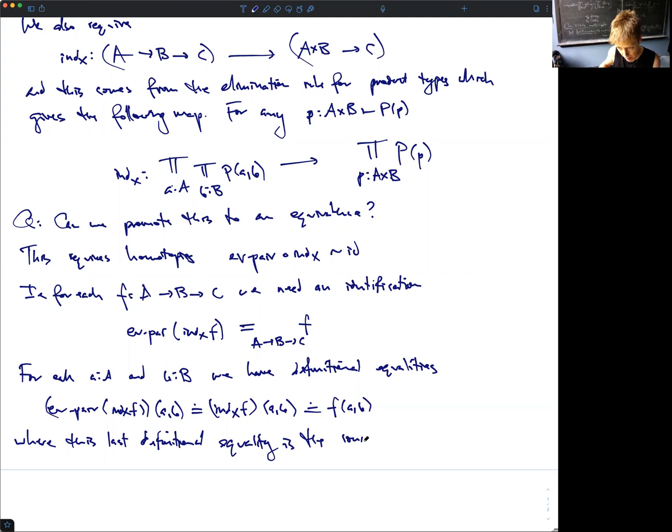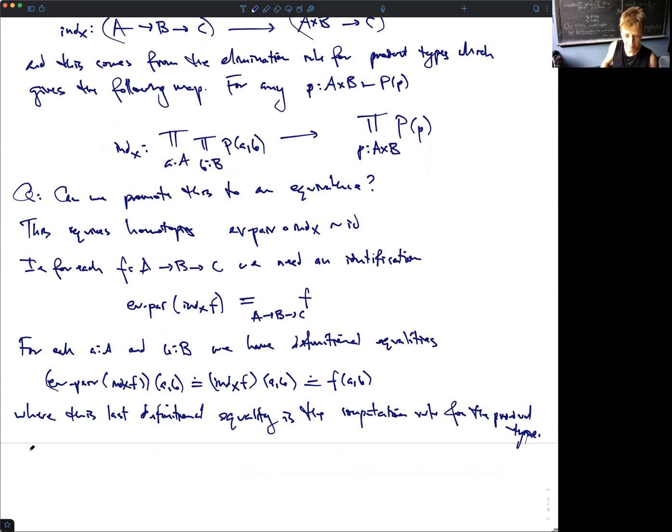It says that if you use the induction principle to define a function by the special case on pairs, then when you evaluate that function at a pair, you recover the original term that you had initially. This is just generally true for inductive types. So that's the second definitional equality.